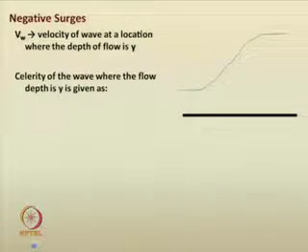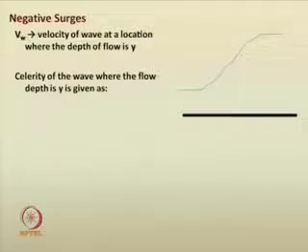Now, Vw is the velocity of the wave at a location where the depth of flow is y. If you recall the celerity of the wave, we described it yesterday also. If any flow depth is given to you, what should be the celerity of the wave there?